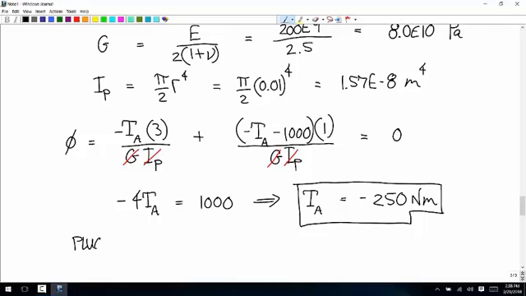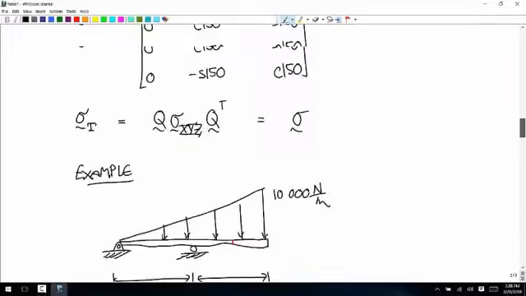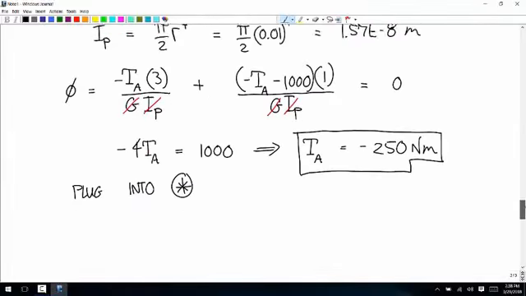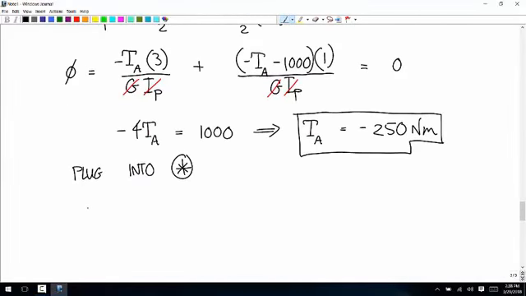Now plug that back into equation star, the thing we got from the statics. That's a terrible star. And you get negative 250 plus T_B is equal to negative 1,000.